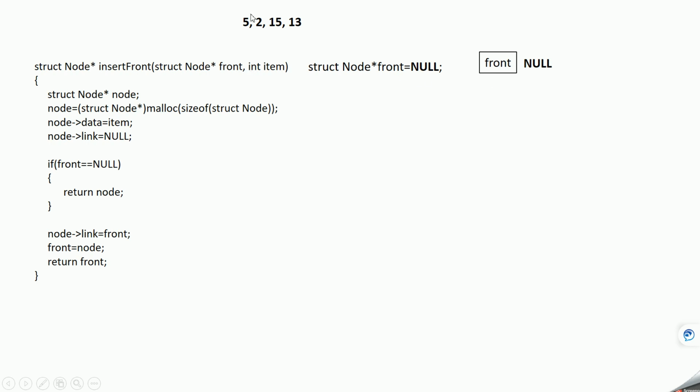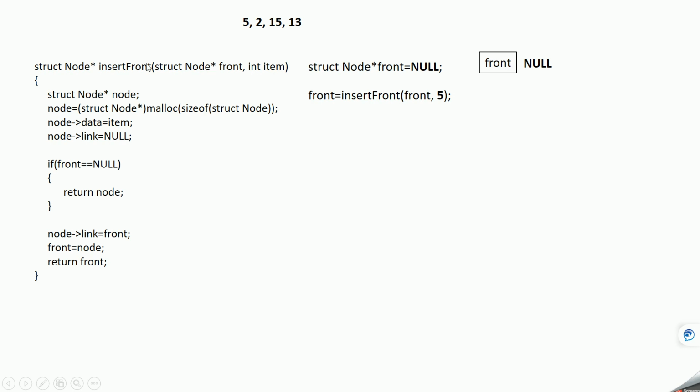And now we'll take this 5 and create a linked list by adding this 5 at the beginning. So we'll call this function by passing 2 parameters. The front parameter, initially it is null, and next the data part. So the front will initially point to null, and this item will be 5.